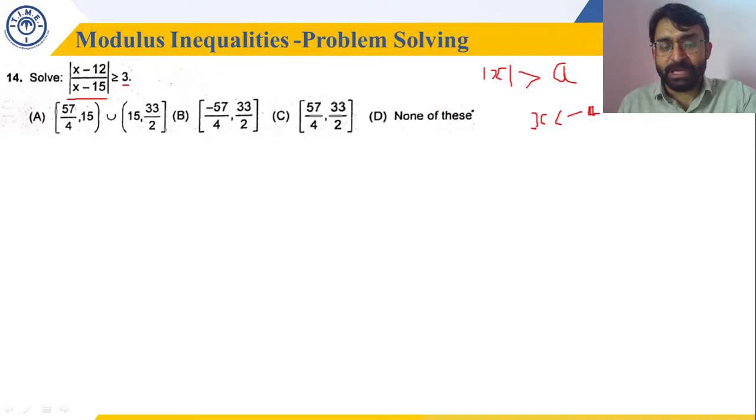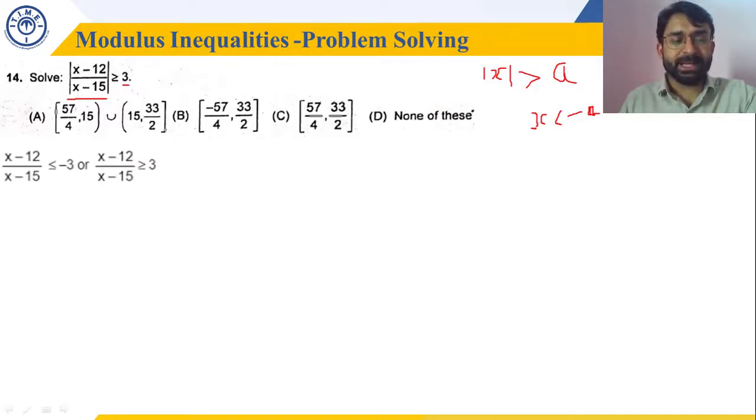Now here we have to keep in mind x cannot be 15, because if x is 15, the LHS will not be defined. So whenever the x includes the value 15, we will not take that answer choice. Am I right? Fine.